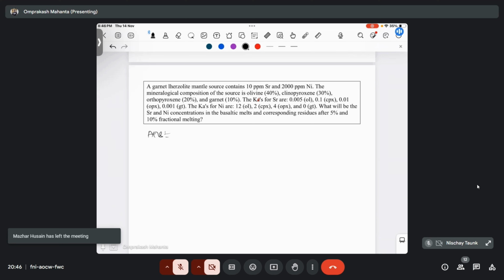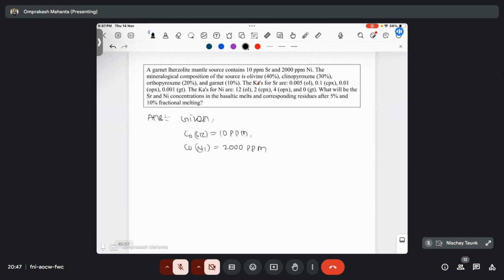So here two trace elements are given, Sr and Ni, whereas before only one trace element was given. So C0 Sr is given as 10 ppm and C0 Ni is given as 2000 ppm. The mineralogical composition of the source is olivine 40, clinopyroxene 30, orthopyroxene 20, and garnet 10%.